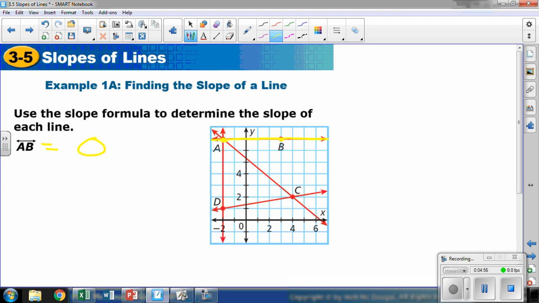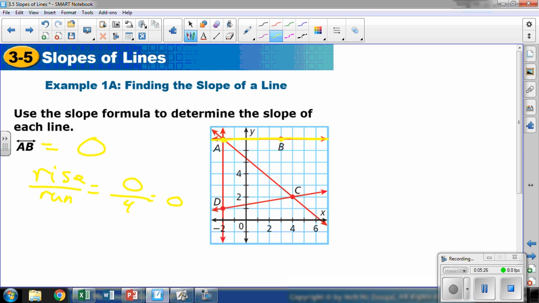Why? Well, if slope is rise over run, how much does this line rise up or down? It doesn't. With a rise of 0 and a run of whatever number you want, that's going to divide out into the number 0. So we could just count rise over run, that's fine.